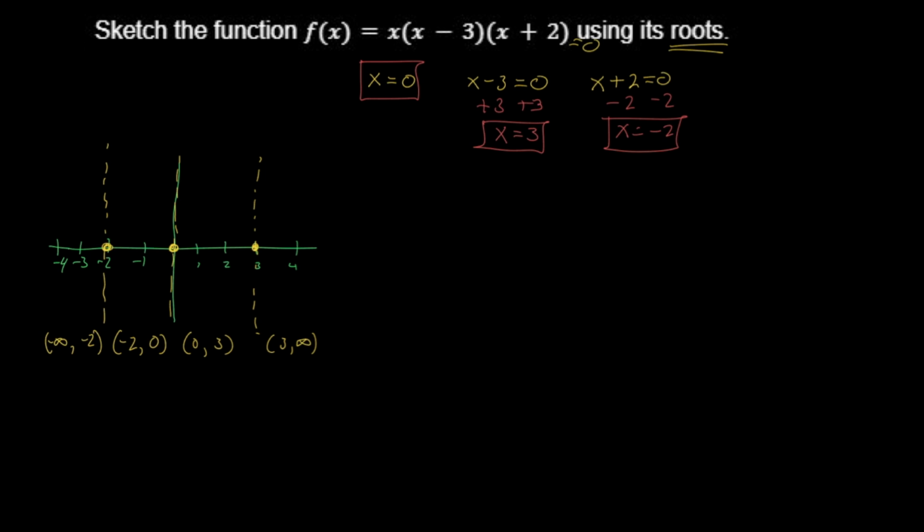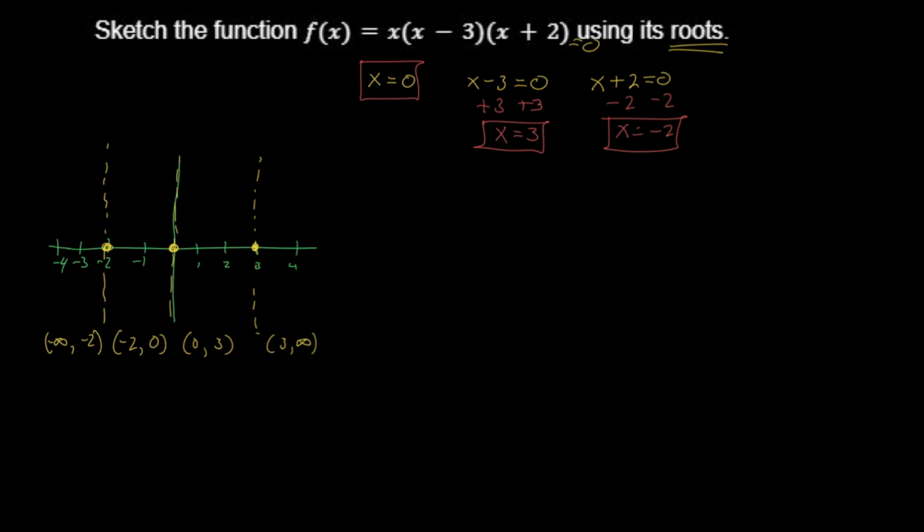We can do this just by plugging into the equation using a test point. So what I'm going to do is make a chart here off to the side, and because this has a factored form to it, it's actually easier if we just look at the individual factors rather than looking at the entire equation as a whole.